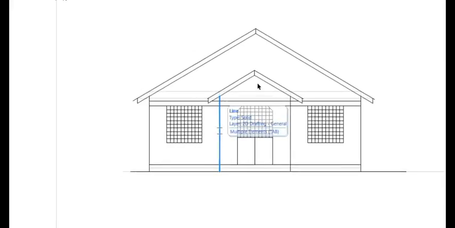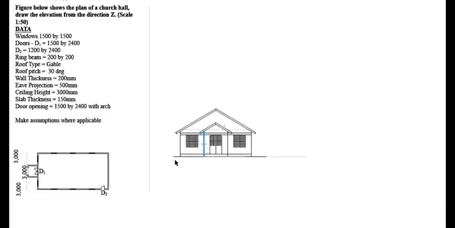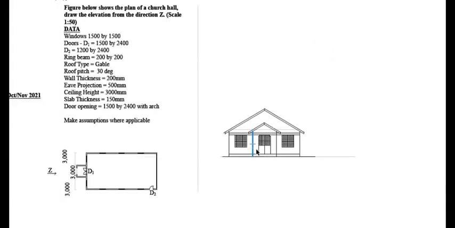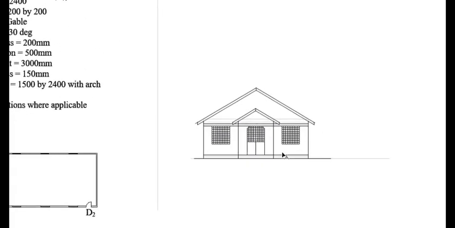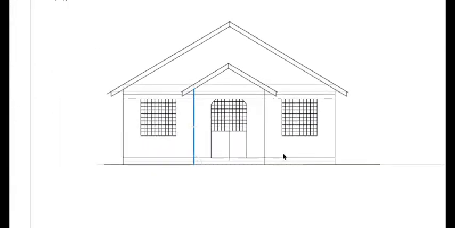You can even go ahead and add a cross on top of this roof, or do something decorative in the wall, but it's not a must because it was not shown on the plan, so you don't have to do it. So there is the elevation you want to draw. Thank you for watching. Remember to share the video.